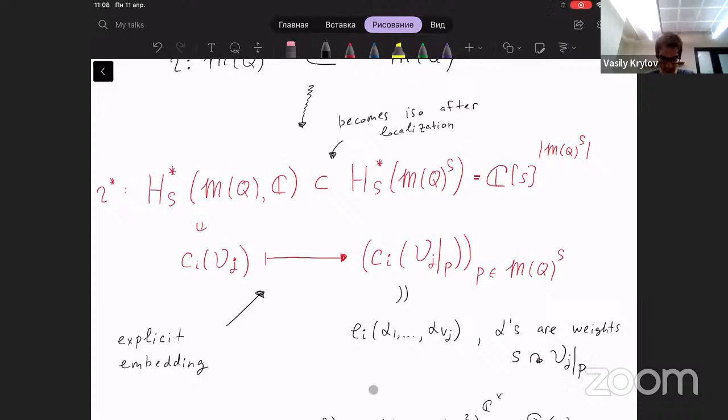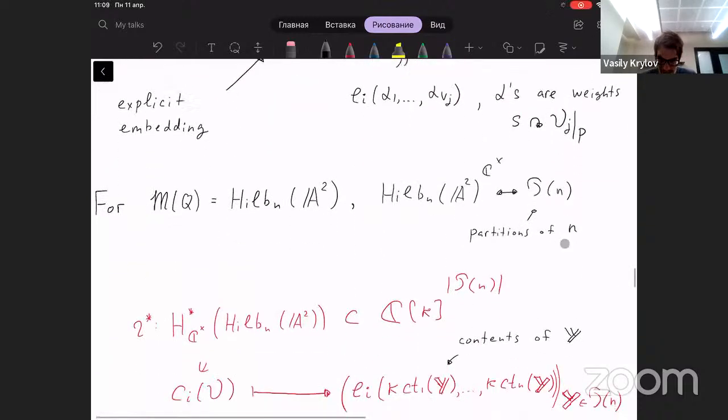Let me stop for a minute. So the idea is that our algebra that we want to study is embedded inside something simple in a rather explicit way. We know where generators go under this embedding. Okay, great.